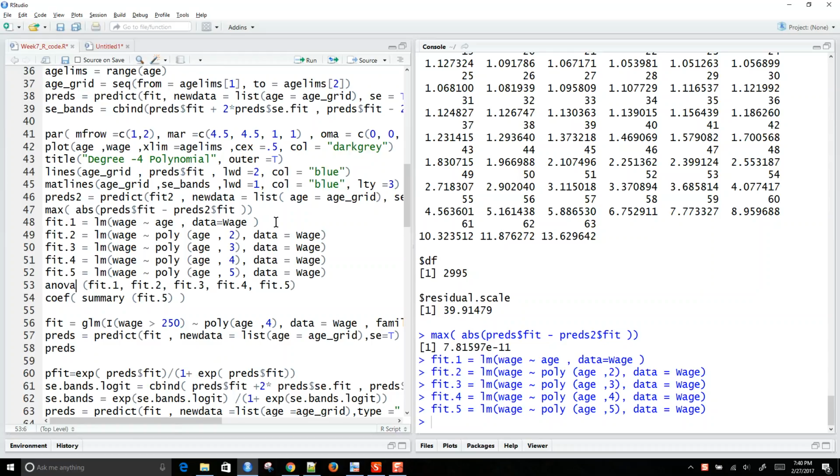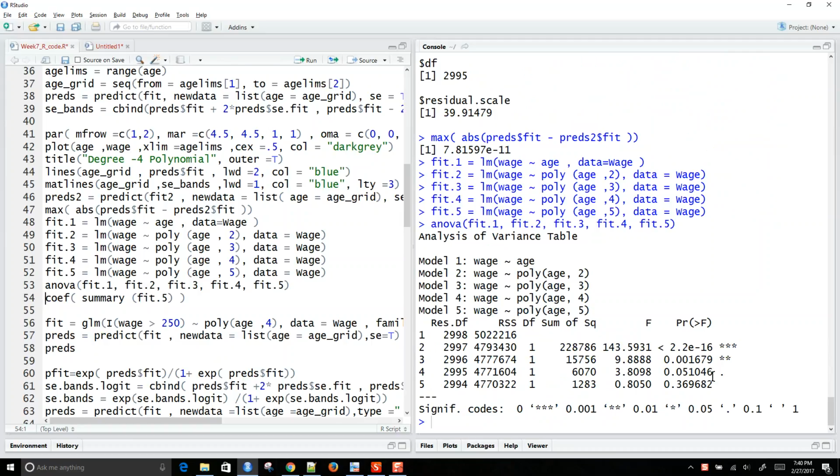Quadratic seems to do better, and then cubic, okay, sure, but adding a 4th degree, maybe your gains are not as great, and then adding a 5th degree, there are definitely some diminishing returns as far as the kinds of gains that we get from adding these terms. So based on this, we would say, okay, cubic, or the textbook says quartic polynomial, but lower or higher order models are not justified.